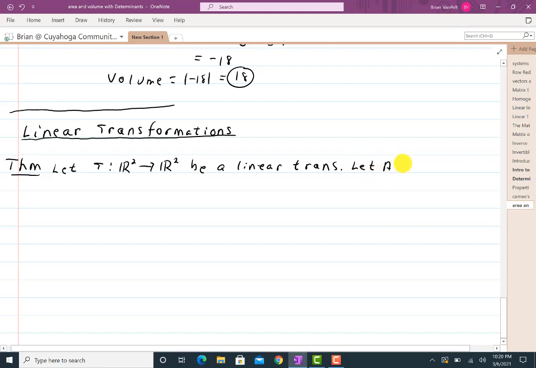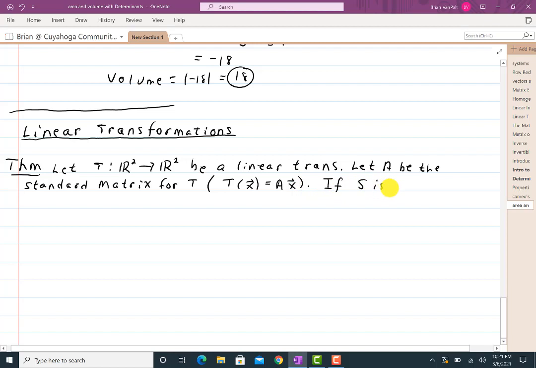Let A be the standard matrix for T. And to remind you what that means, T of a vector equals A times that vector.